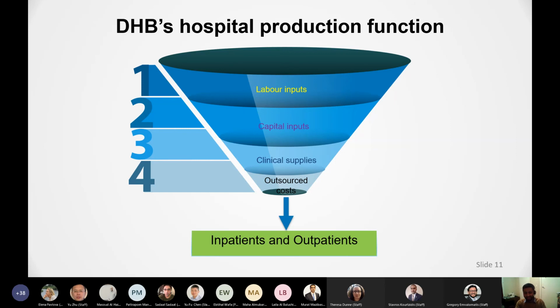But we don't really have that data, and it's very difficult to argue that the hospital is just one of the factors that improves life expectancy, because there are a lot of factors that come in there. Data will also have a lagged effect. It might take time to have an effect, and we can't really compare quarter to quarter or year to year. So that's why we resort to inpatient and outpatient. We're saying this much input goes into the system, and this is the output that we get.